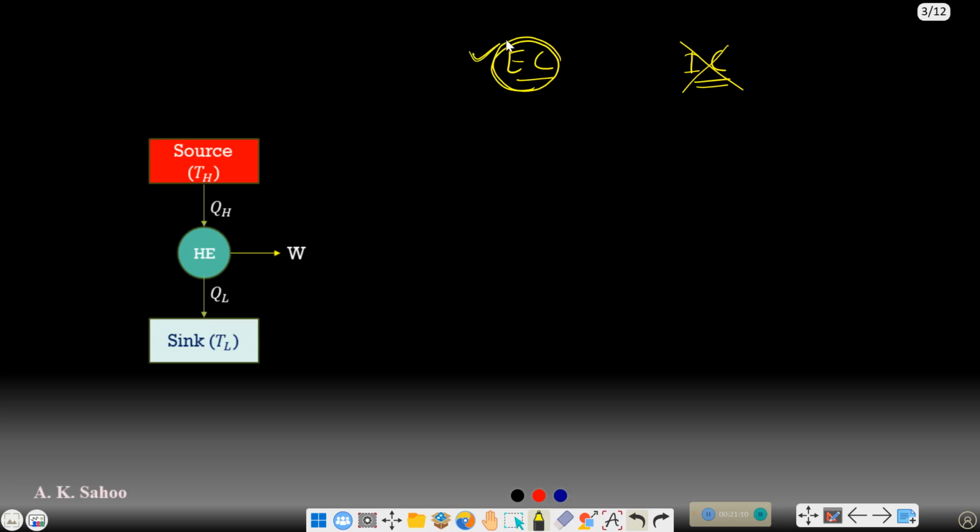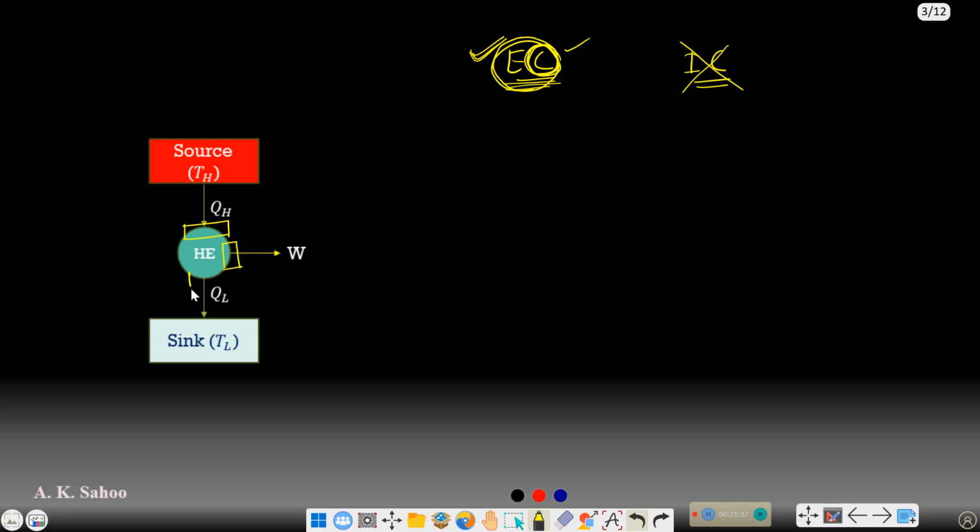We are interested in the condition where combustion takes place outside that particular device where mechanical work will be produced. Again I am repeating, combustion happens outside of the device where mechanical work is produced.